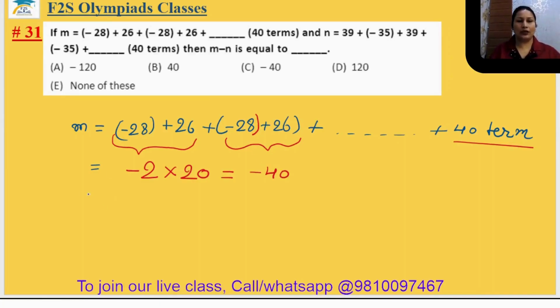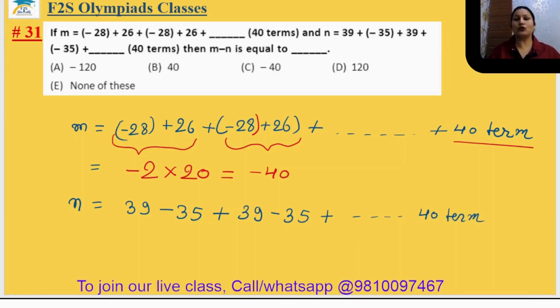Next is n equal to 39 plus minus 35 plus 39 plus minus 35 plus and so on up to 40 terms. If you see, there is also a pair of 39 minus 35, 39 minus 35 up to 40 terms.